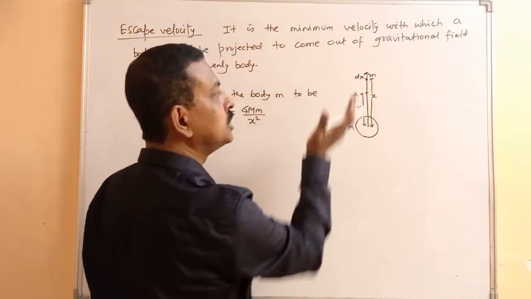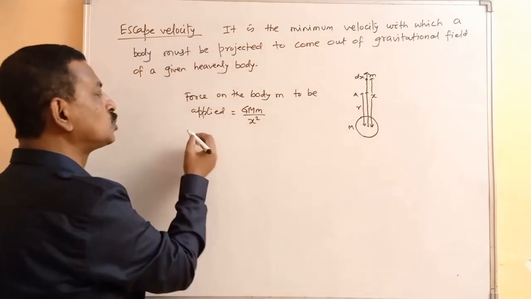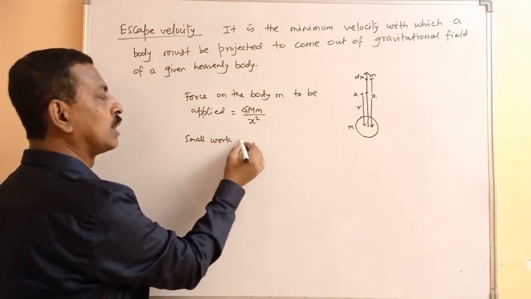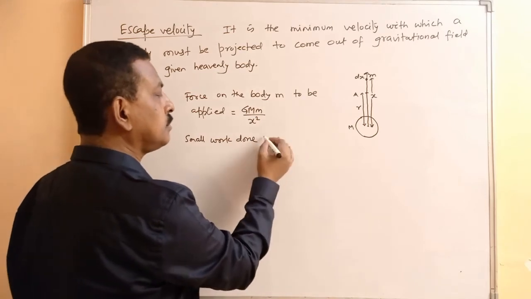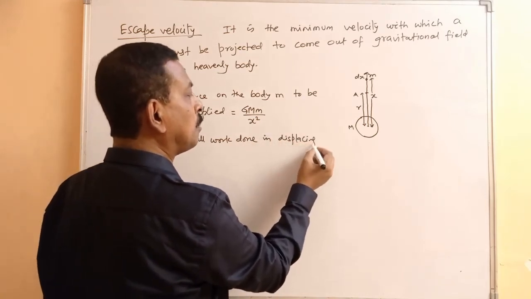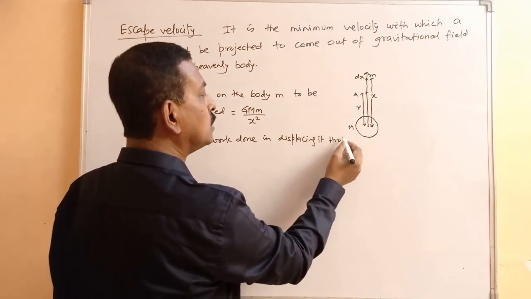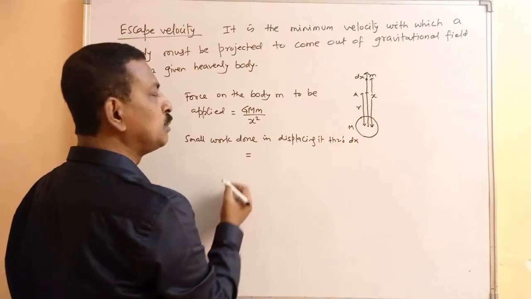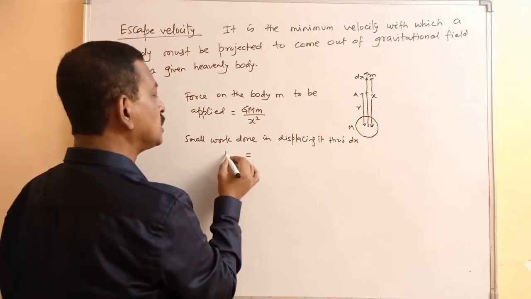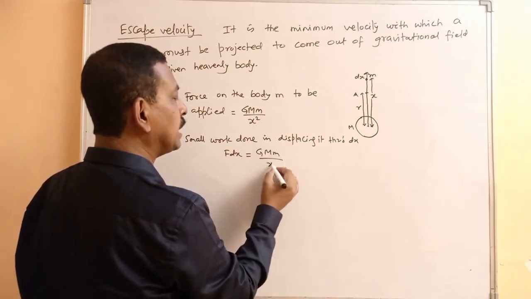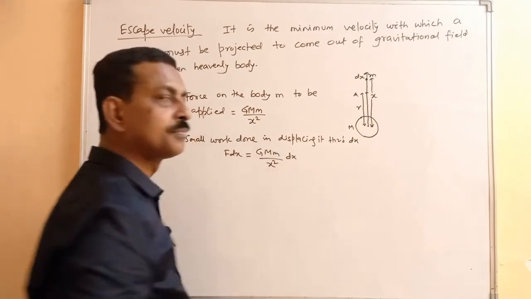So a small work done in displacing it through dx will be how much? It will be F dx, which is GMm by x square dx.